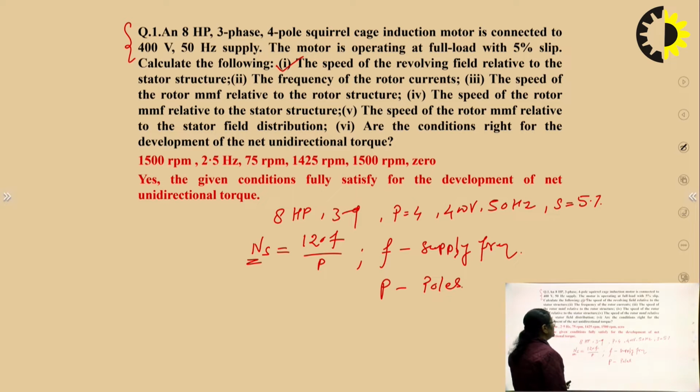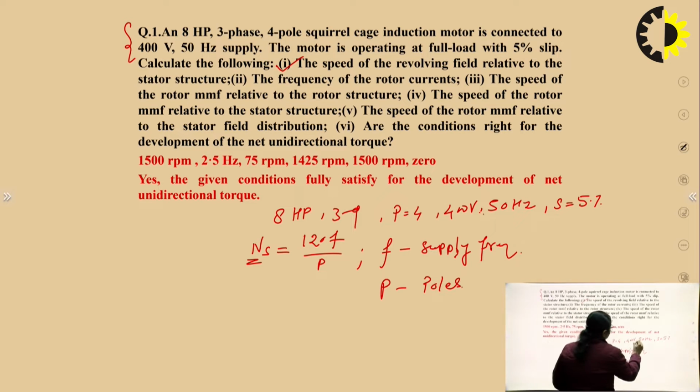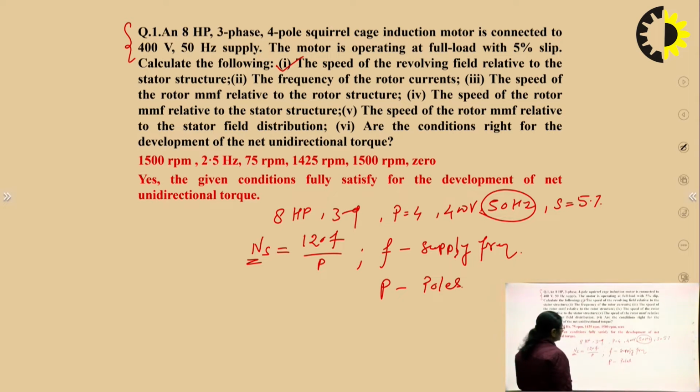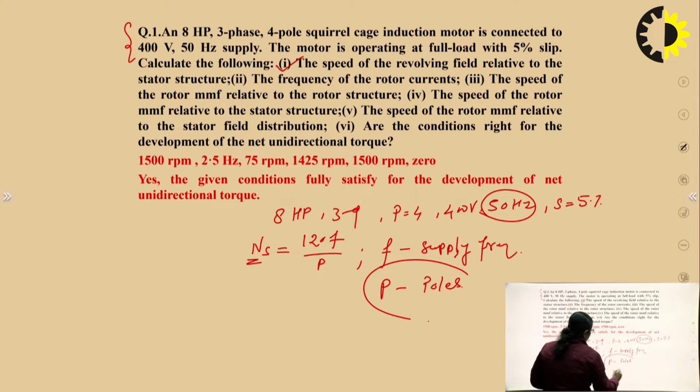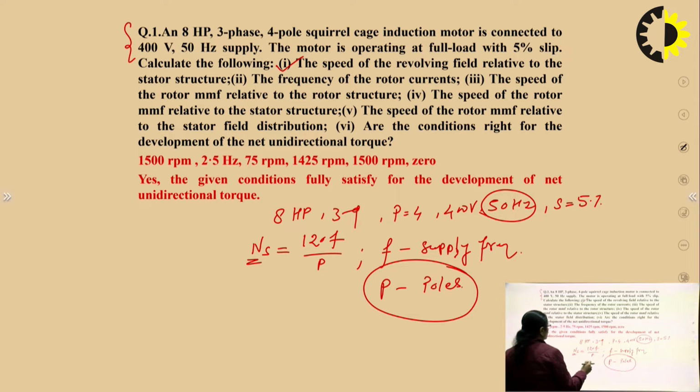In our case, the frequency of supply is given as 50 Hz and the number of poles is 4.